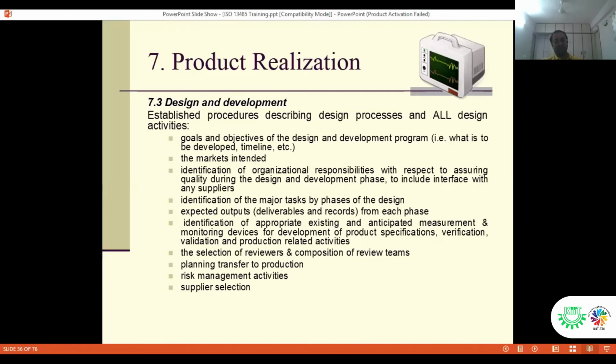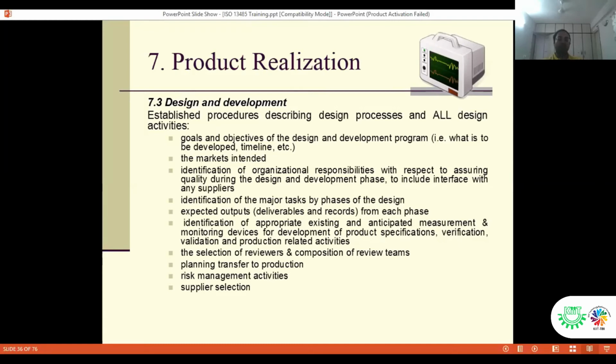Clause 7.3 is one of the very important requirements for any medical device startup. It talks about design and development and the different steps involved. I am not going into detail on clause 7.3 because the next session I am taking covers in detail the design and development of your medical devices: what you should consider while designing and developing your devices, and how to prepare a design history dossier or design and development document.